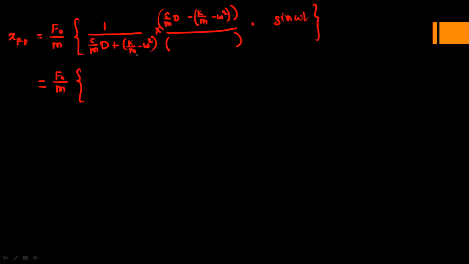So therefore we can write this equation as C upon M D minus K upon M minus omega square.